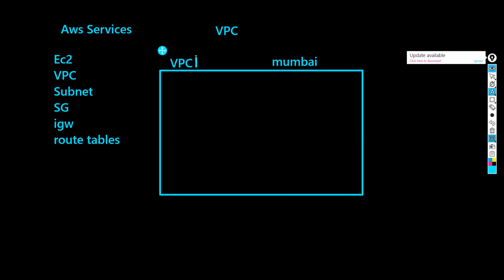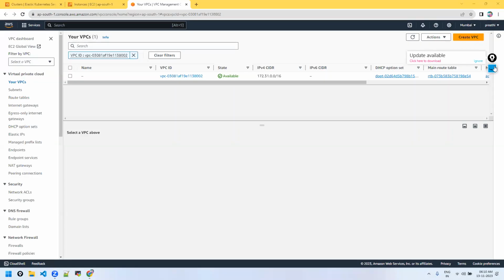Every VPC will have a network range, an IP address range. That's called a CIDR block, classless inter-domain routing. It gives you an IP address range, and if you create EC2 instances, they'll be created within that range.